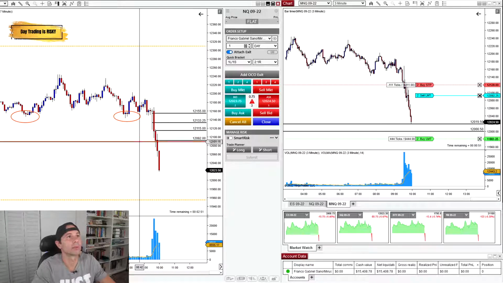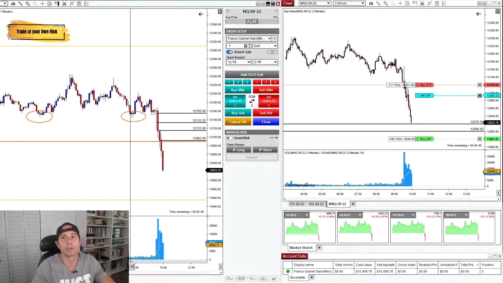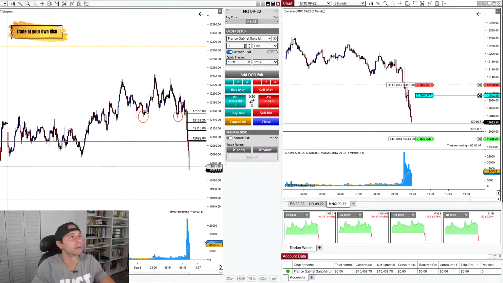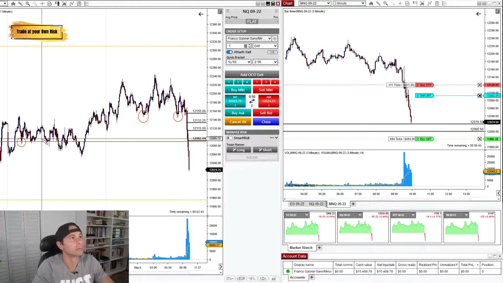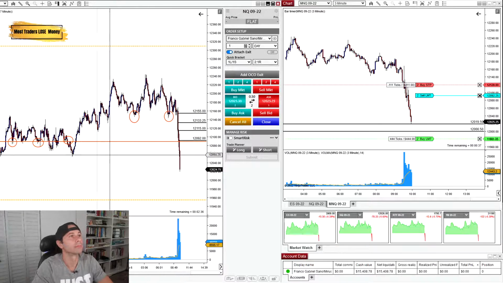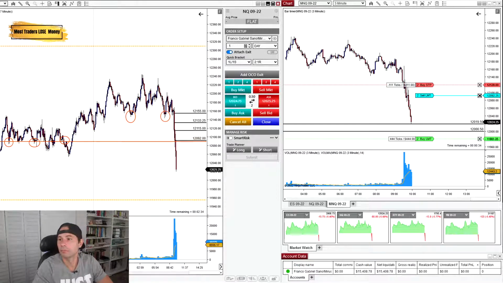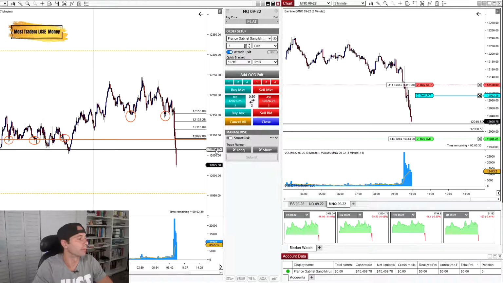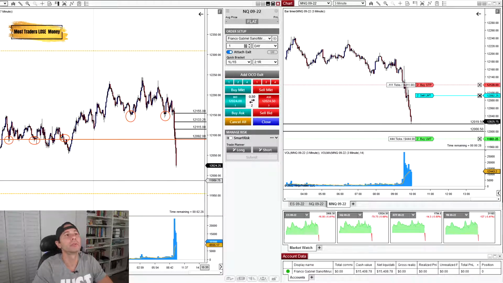And we broke to the downside, so we might have a retracement there. So I do have active orders right there, 92.